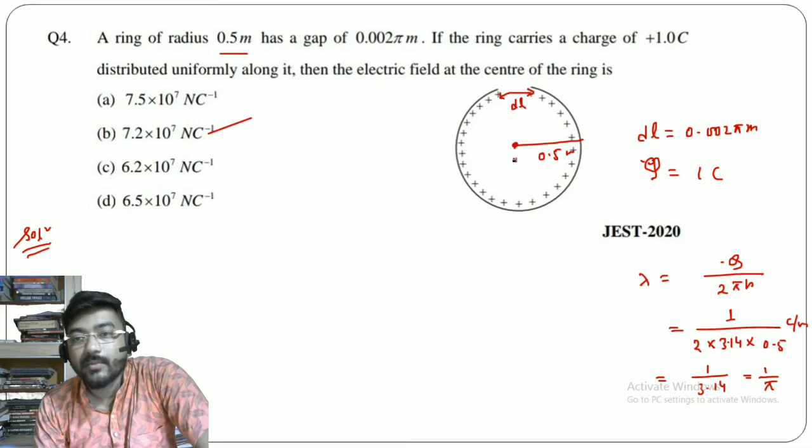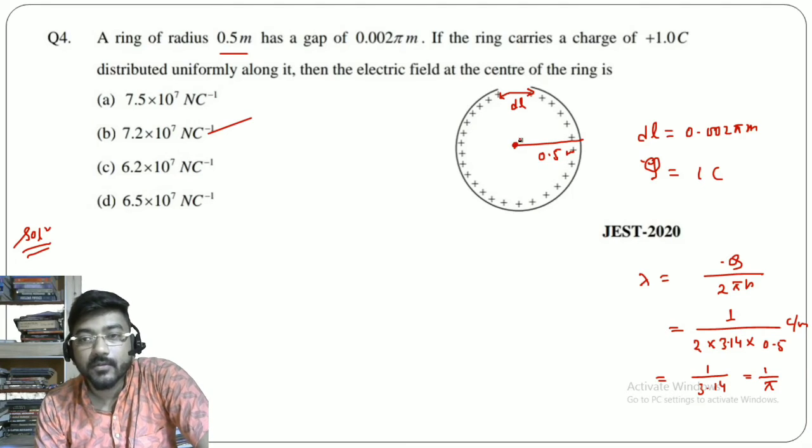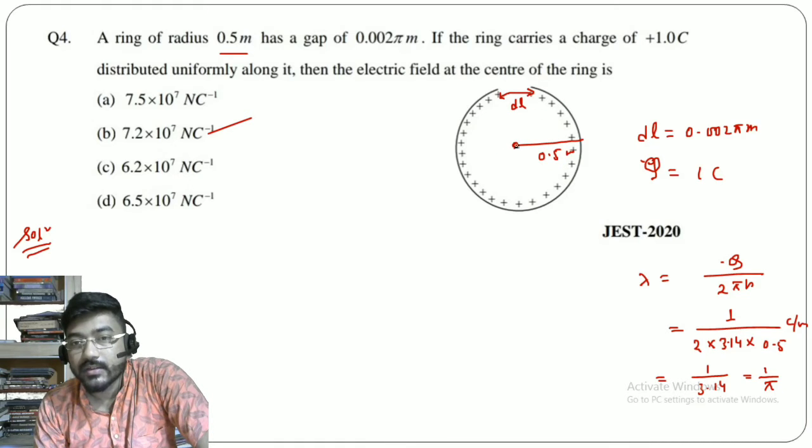And now what we have to do? We have to find out the electric field at this point. So let me use a trick: we know that the electric field at the center of a uniform charge ring is 0.